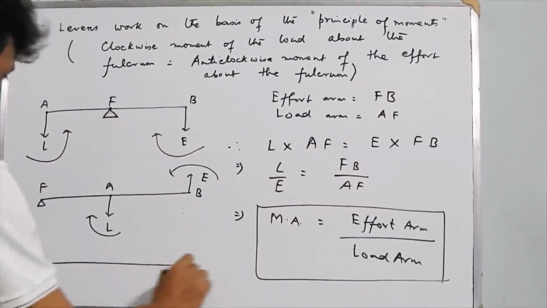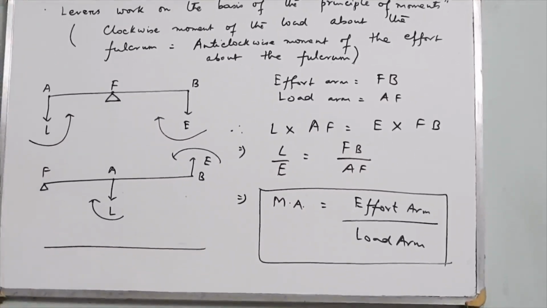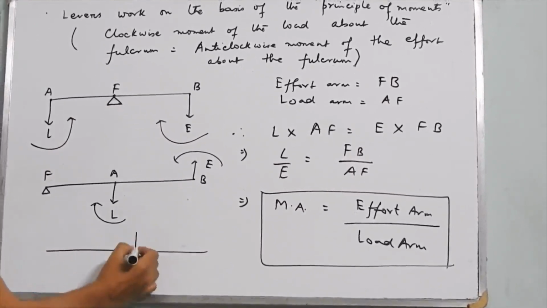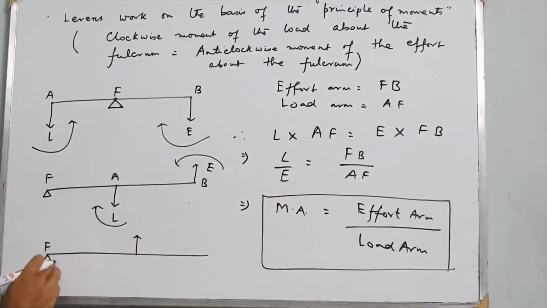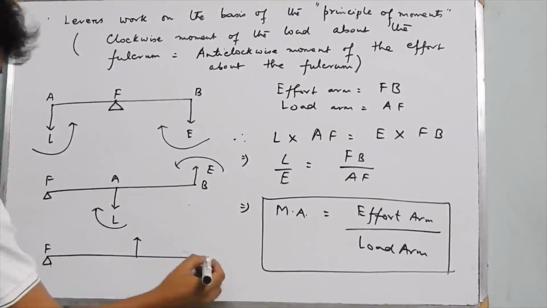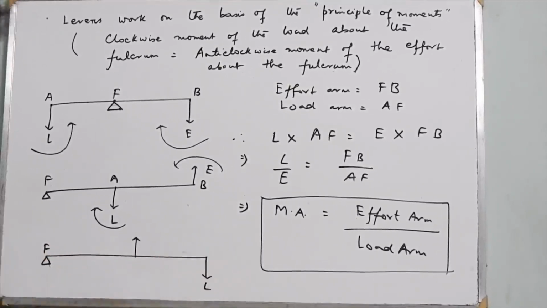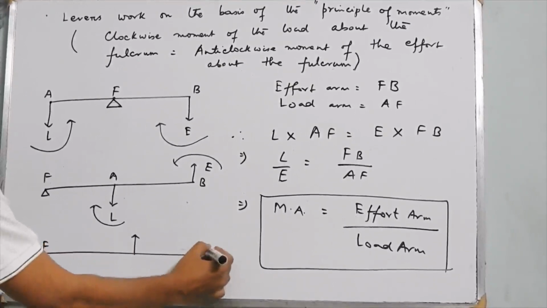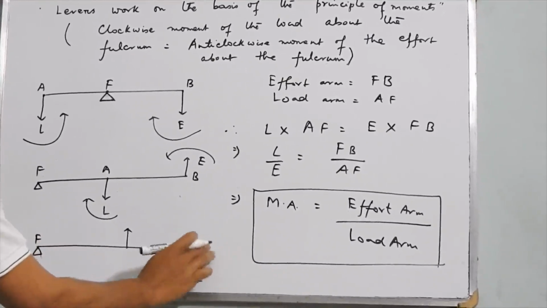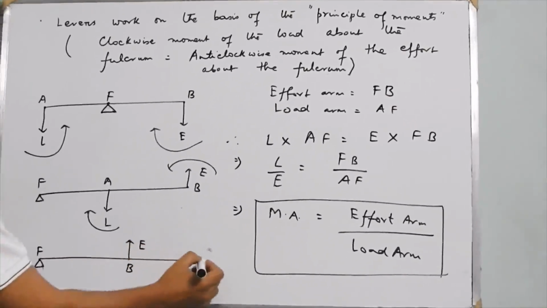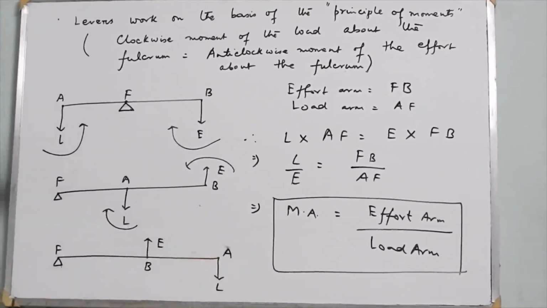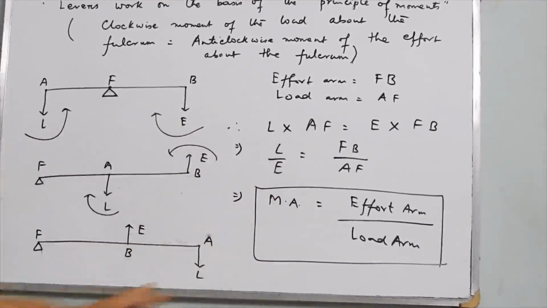Similarly, for the class 3 levers, effort lies between the fulcrum and the load. So let me call this end as B. The effort end is called as B end, and the effort is applied, and the load end suppose we called as A. So again this statement remains valid here.